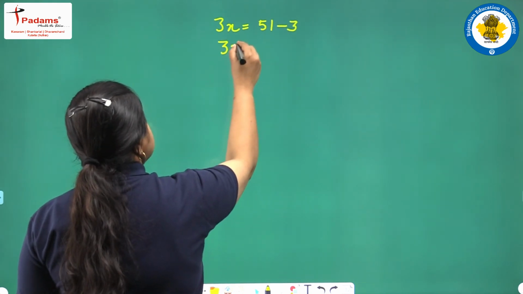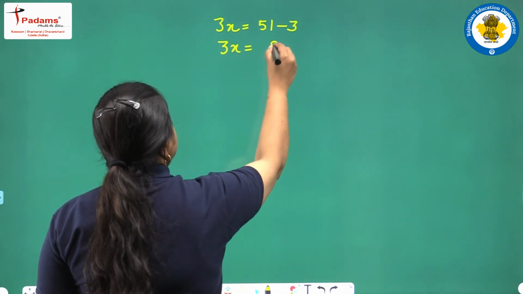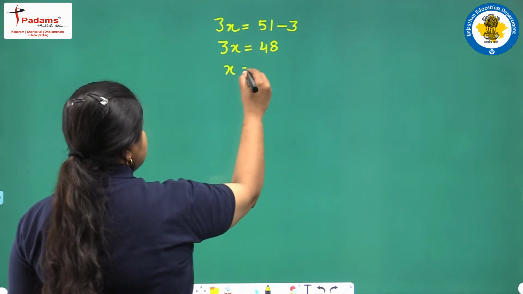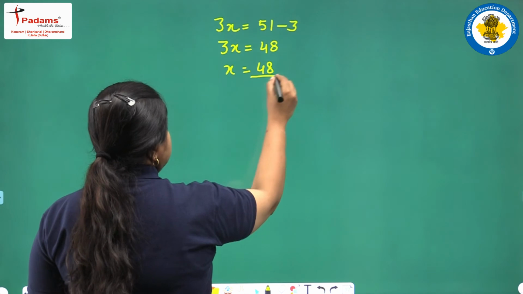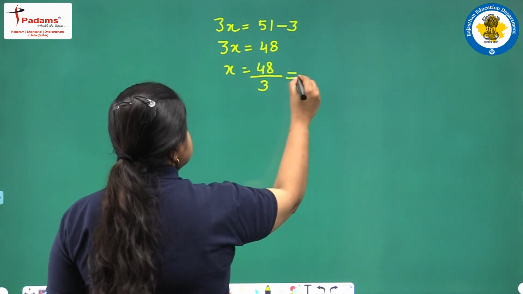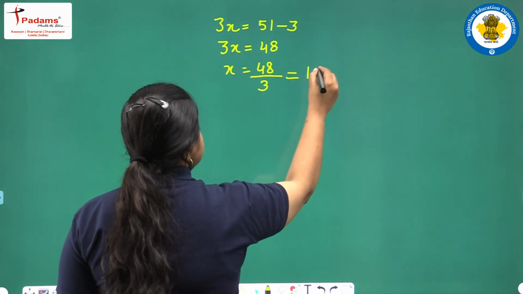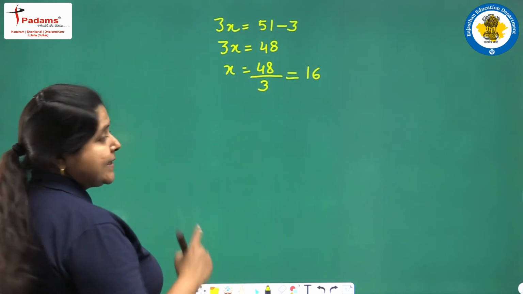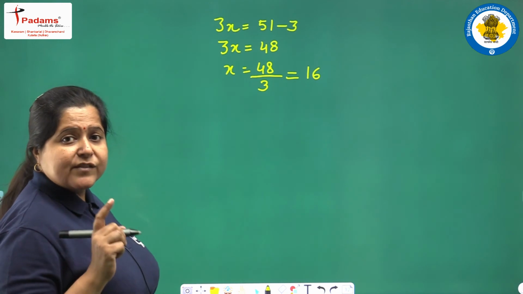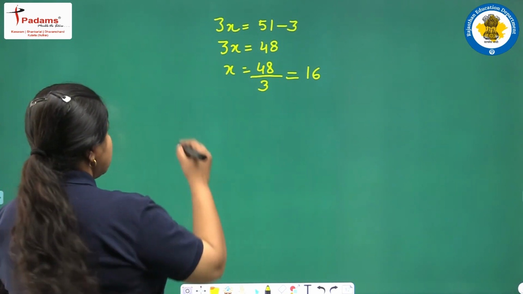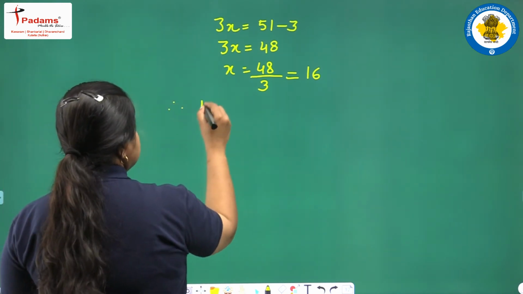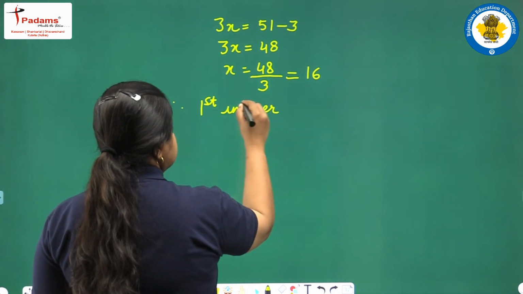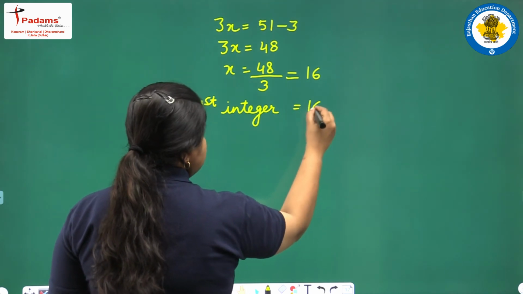This will give us 3x equal to 48. Then x equals 48 upon 3, and this is equal to 16, since 3 sixes are 18. 16 is the answer. This is the value of x, and x was the first integer. So, we can say that the first integer is 16.